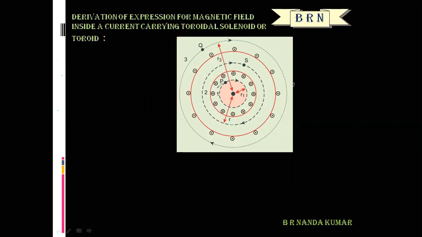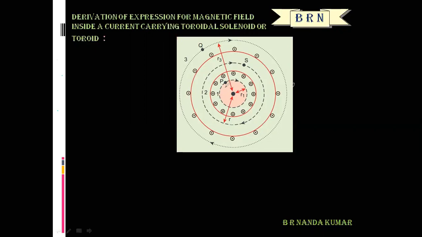Hold this toroid in the right hand, thumb pointing in the direction of magnetic field inside the toroid, fingers encircle, which gives the direction of current flowing through the toroid. First let us consider 3 Amperian loops.